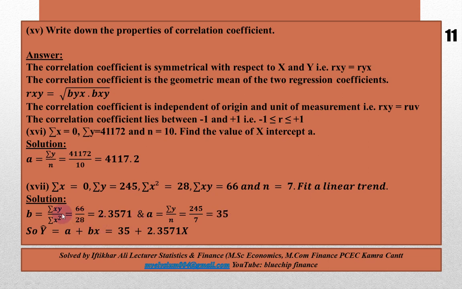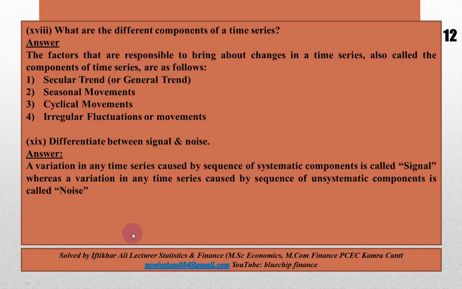Beta is equal to sum of xy over sum of x square. Sum of xy is 66 and sum of x square is 28, so beta will be 2.3571. After putting the values into the equation, the linear trend is 35 plus 2.3571 x.